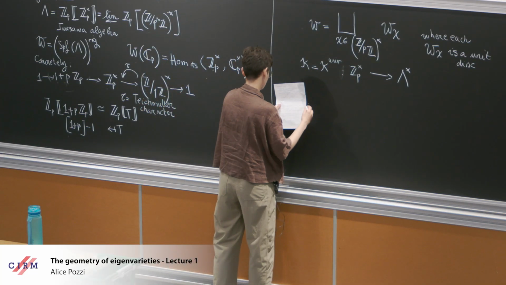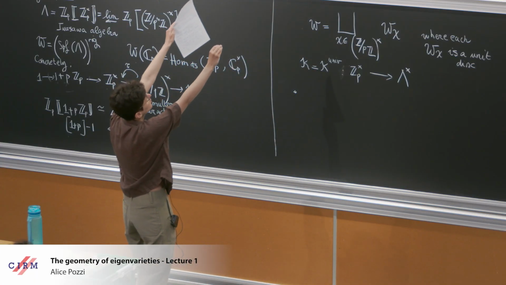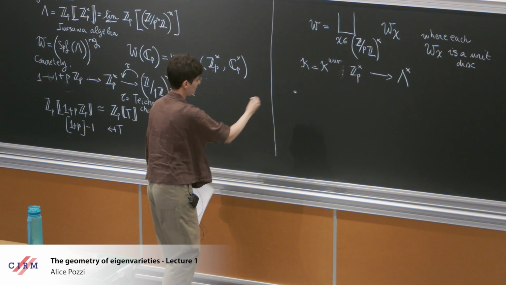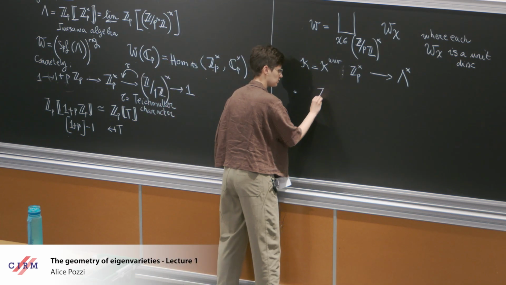Now, when I do this, I said that I want to switch point of view from classical weights to characters here. Well, I need to identify what those should correspond to.